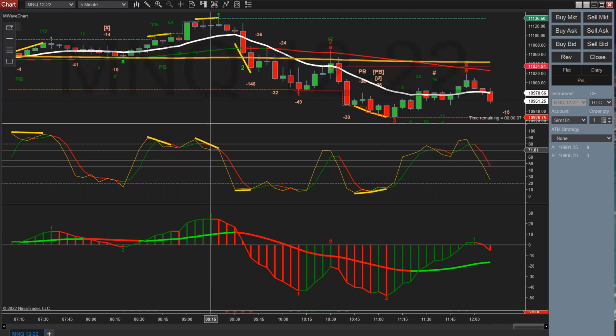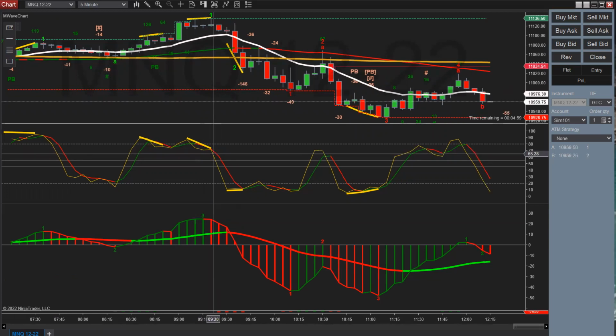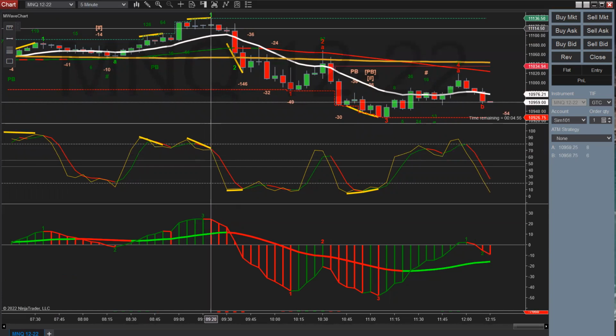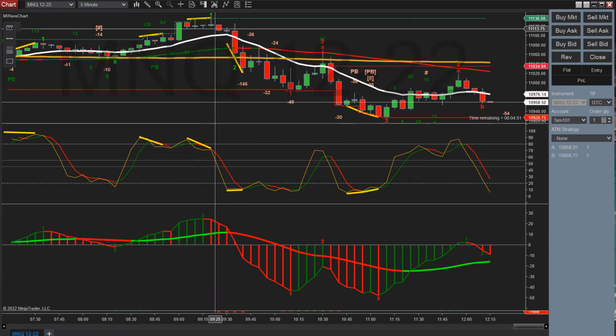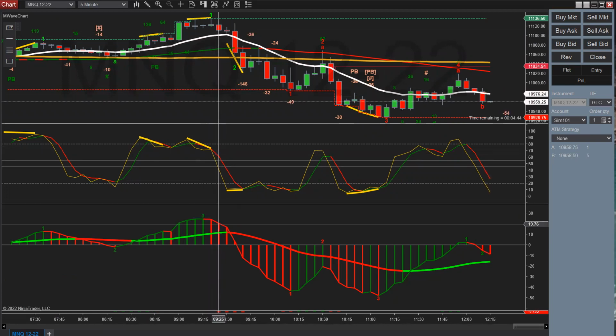But percent K is still hooking down, made a slight move to come back up and then hook back down. And we're still at a cycle high point. Now we could take a trade off of this candle or this candle, either one, because we have agreement with MOM. That makes sense?